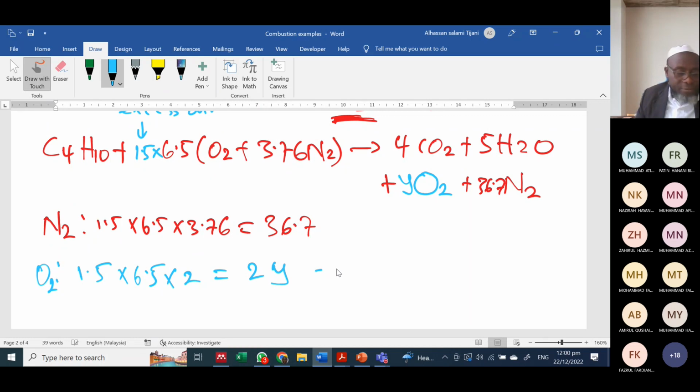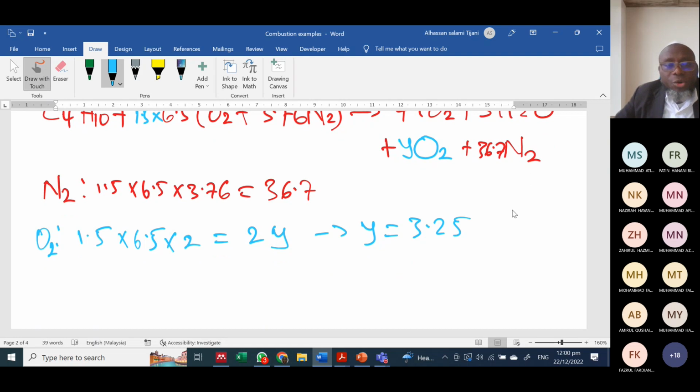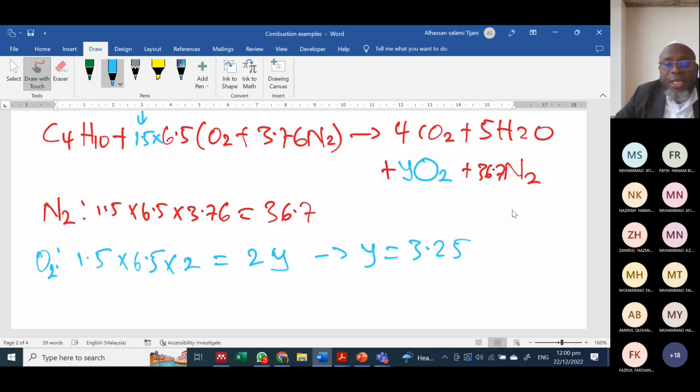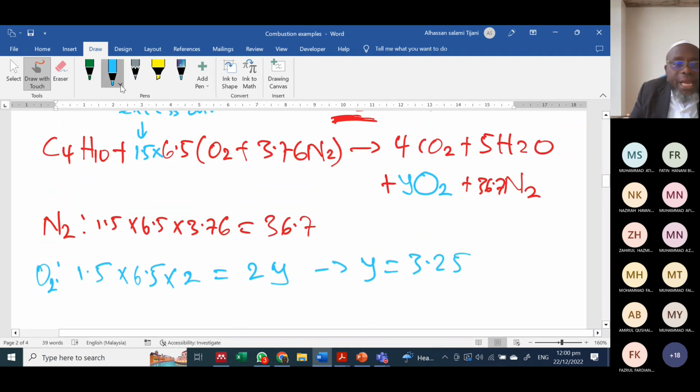If you do this carefully, you get Y equals 3.25. So we will rewrite the whole equation, this time considering the excess air.